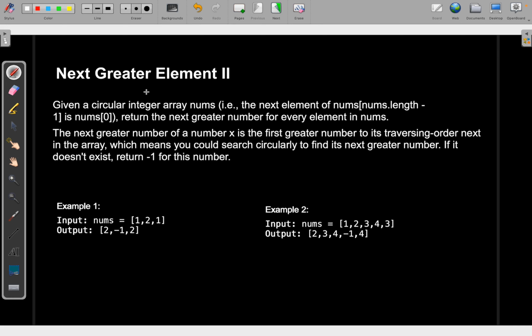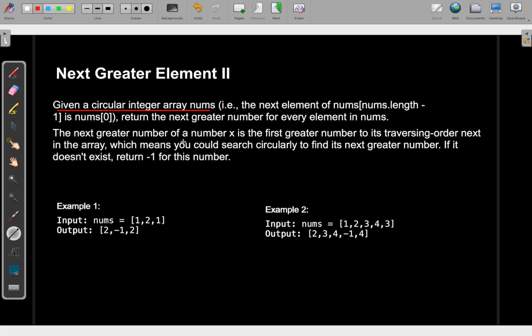What is this next greater element? Given a circular integer array nums, so instead of a normal array, one circular integer array nums is given. That means the next element of the last element is the first element, and we need to return the next greater number for every element in nums.